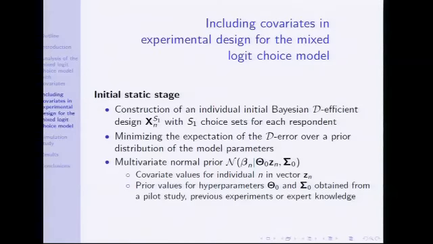To construct the initial choice sets for each individual separately, we already need some prior values for these population parameters, the theta 0 and the sigma 0. And for that, we assume that the estimates for those prior values come from a pilot study.